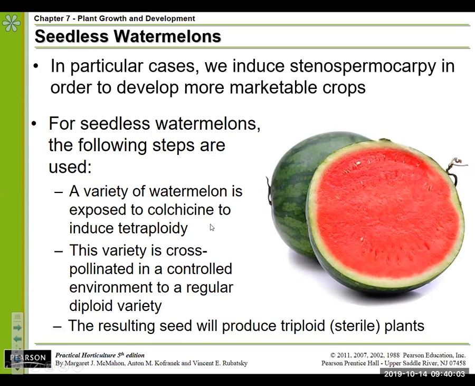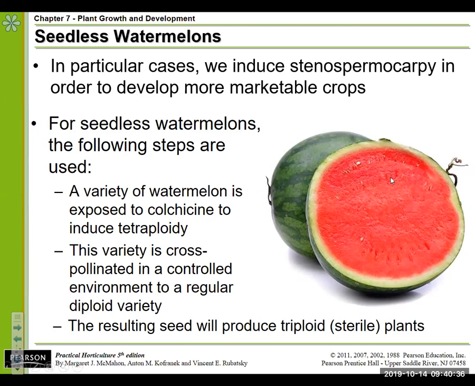And so when we get to that point and we're creating these extra chromosomes, when the plants are cross-pollinated, and they do this in a semi-controlled environment with a regular diploid variety, because of the crossover of the chromosomes, there are extra pairs. The resulting seed becomes triploid, which induces this stenospermocarpy, where the embryos abort and they develop some seeds.